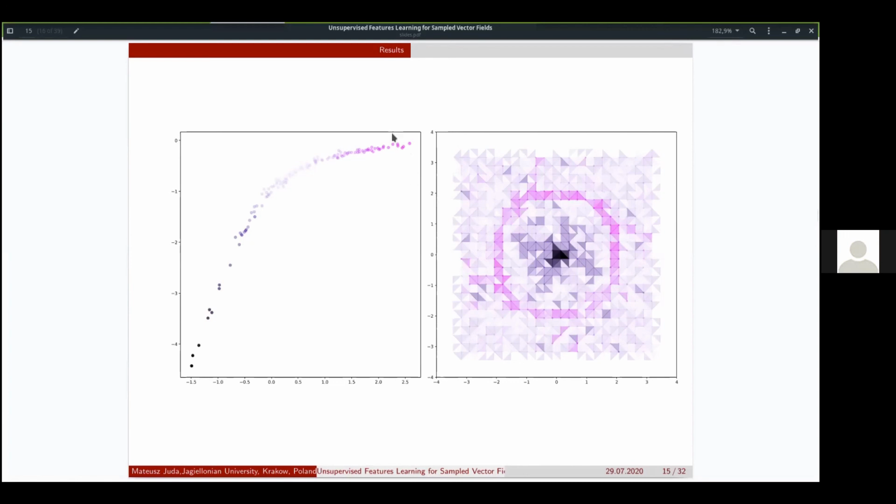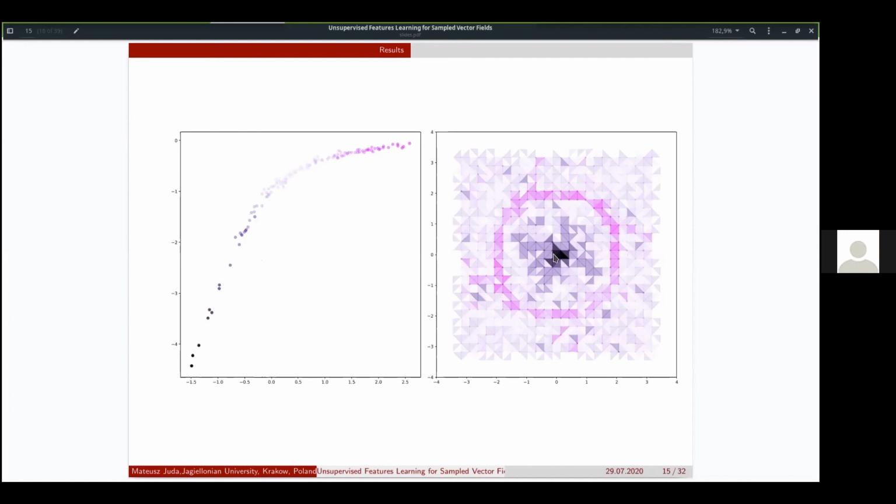So this is the rose arm of the embedding, and it is able to capture the repelling point in the middle. This is the second arm of the embedding, and everything in between is more or less in the center of these embeddings. And because of the transparency put into the picture according to the norm of the points, you may notice that they are less important than the periodic orbit or the repelling point.